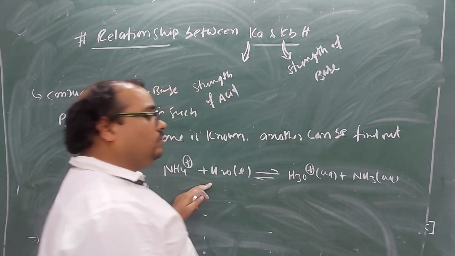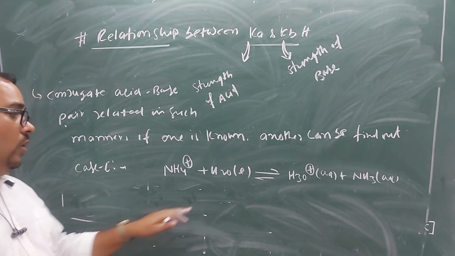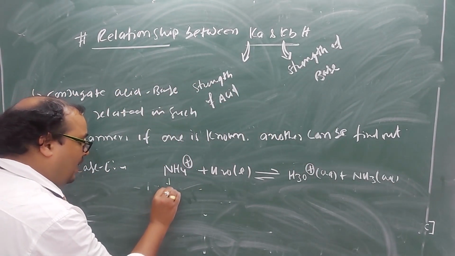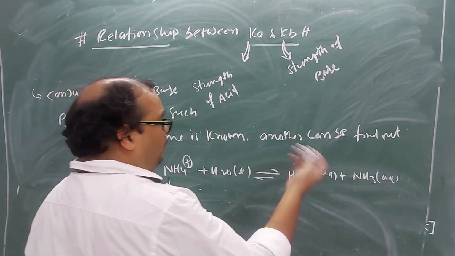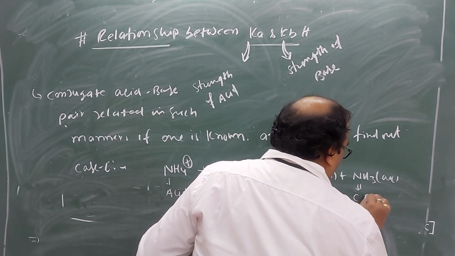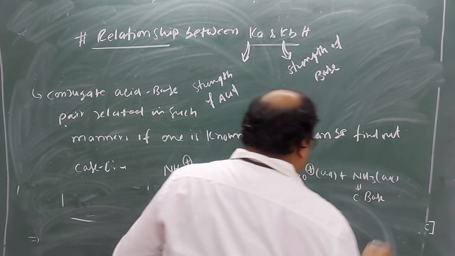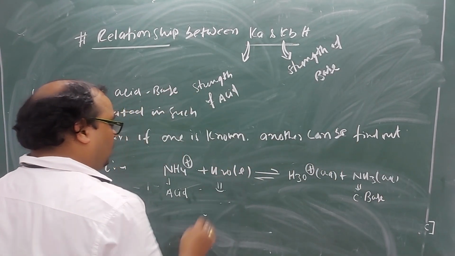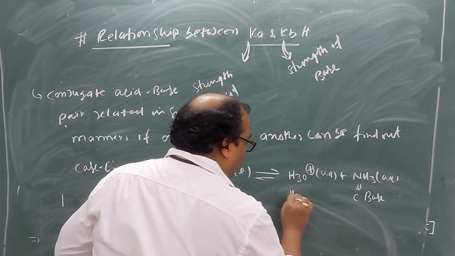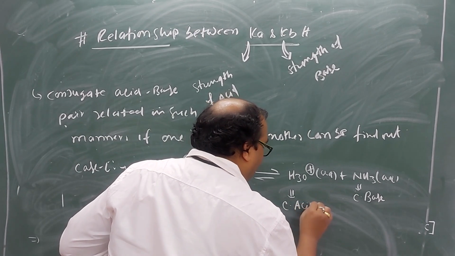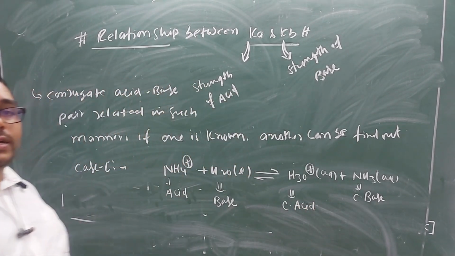So what is this? This is the acid. Acid gives the conjugate base, so this is the conjugate base here, and this is the base. The base will give the conjugate acid.